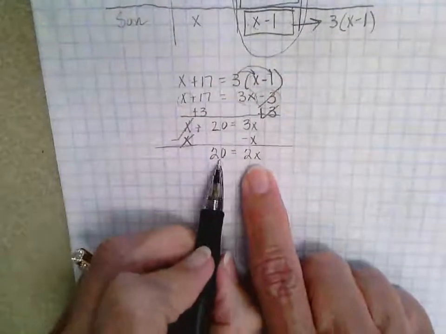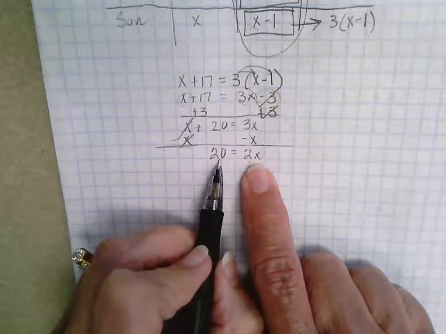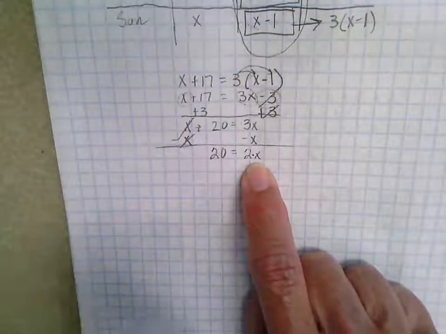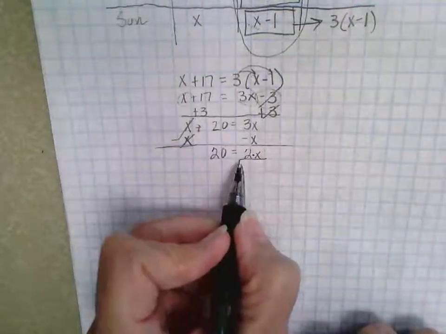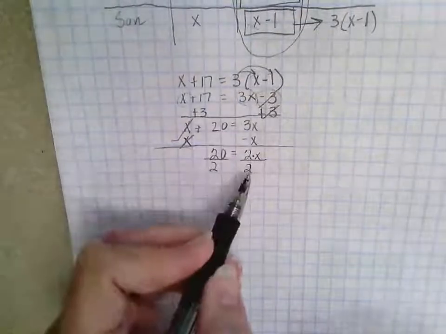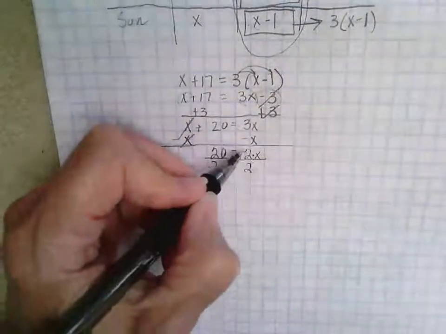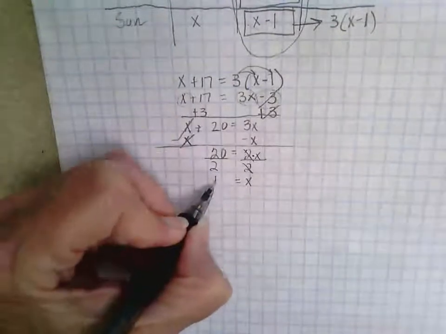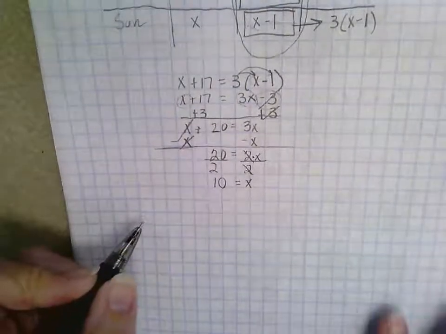So now I want to find out what 1x is equal to. Remember, this is a multiplication problem, so to undo the multiplication, I do the inverse and I divide by 2 on each side. That's going to cancel out my 2's on the right, and I get x is equal to 10.